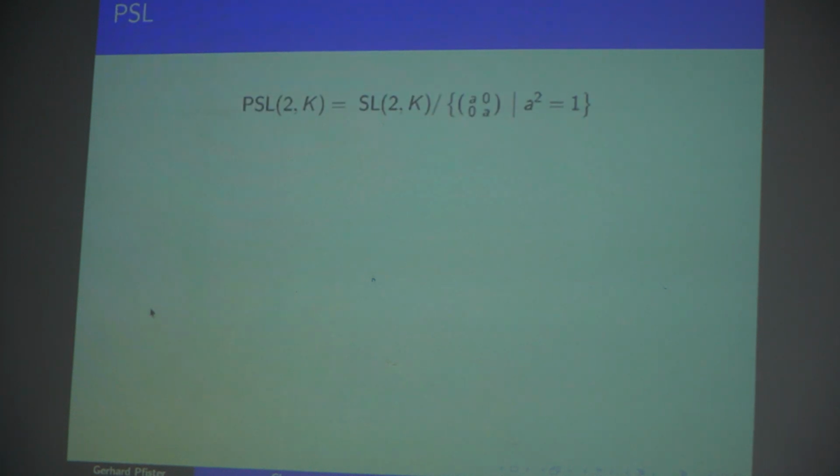Now, the next group which we need is PSLK. That is a quotient of the special linear group. The special linear group consists of the 2 by 2 matrices with determinant 1. And we take the factor by the subgroup generated by the diagonal matrices.